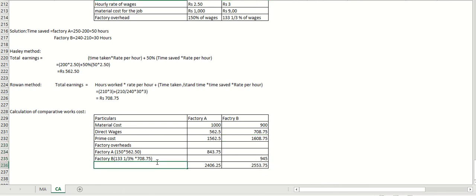This is nothing but our factory cost or works cost.